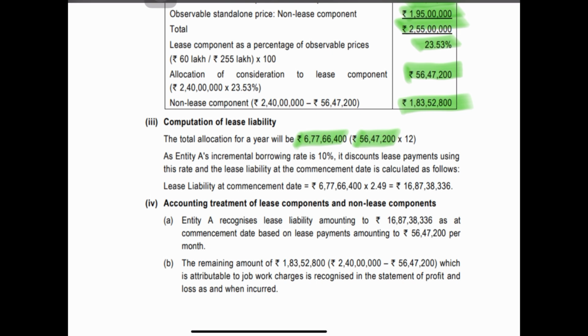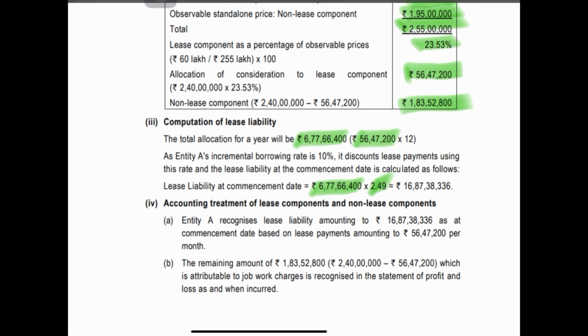And as entity A's incremental borrowing rate is 10%, it discounts the lease payment using this rate and lease liability at the commencement date is calculated as follows. Your 6 crore 77 lakh 66,400 multiplied by 2.49. So this 2.49 is the 3-year discount factor at 10%.